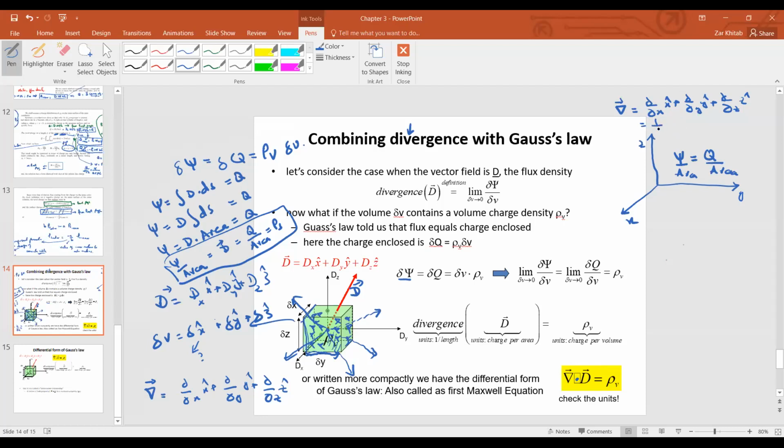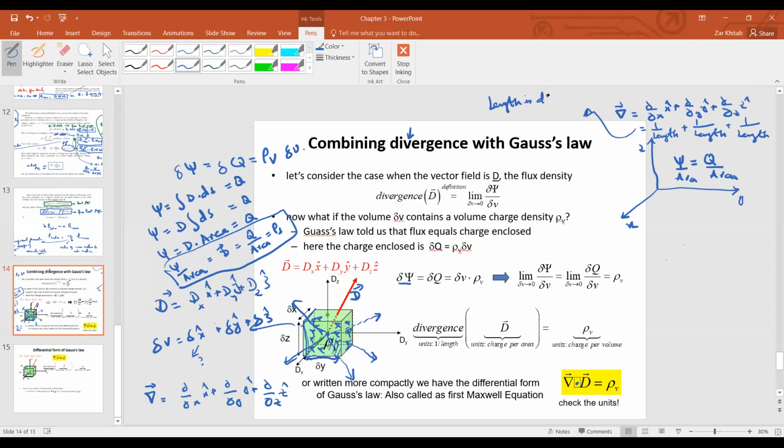It is 1 over length, plus 1 over length, plus 1 over length, where length is the dimension of x, y, and z.